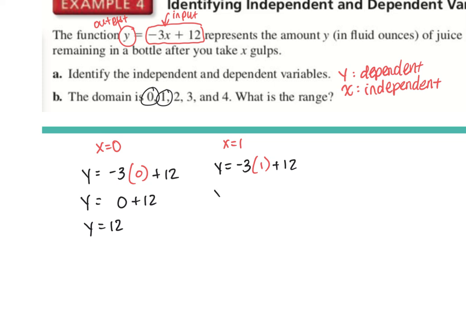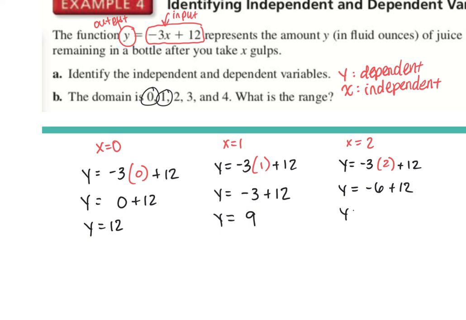So we got y equals negative 3 plus 12, y equals 9. We keep going, x equals 2. Y equals negative 3 times 2 plus 12, y equals negative 6 plus 12, y equals positive 6. So we've got 12, we got 9, we got 6.